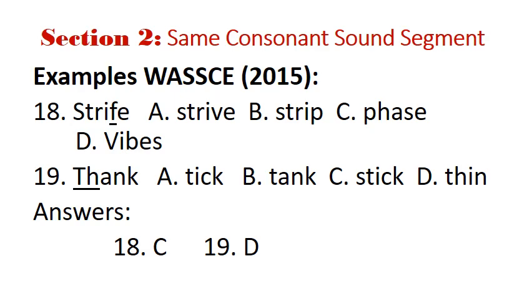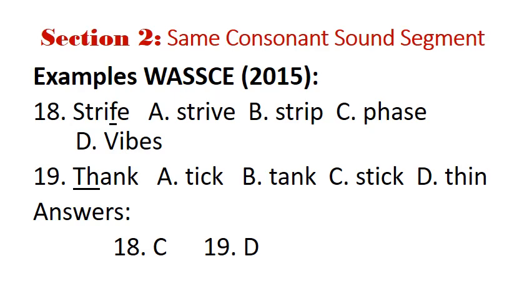Let's pronounce the options that are given. Option A, strive. So option A goes with V. That is thicker than what we need. Option B goes with strip. It doesn't even contain what we want.